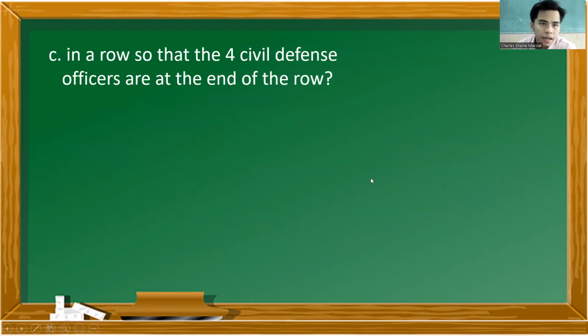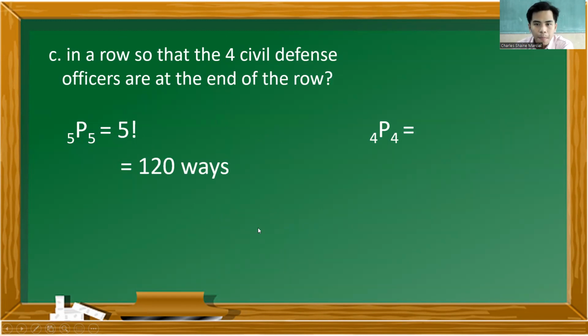Letter C, in a row so that the 4 civil defense officers are at the end of the row. So ang gagawin natin, isusubtract muna natin si 4 civil defense officers sa total number of officers, and that is equal to 5 officers. So we have 5 factorial, and that is equal to 120 ways.